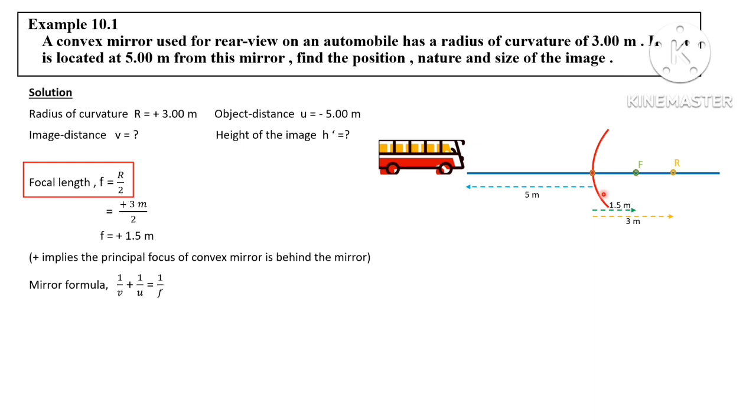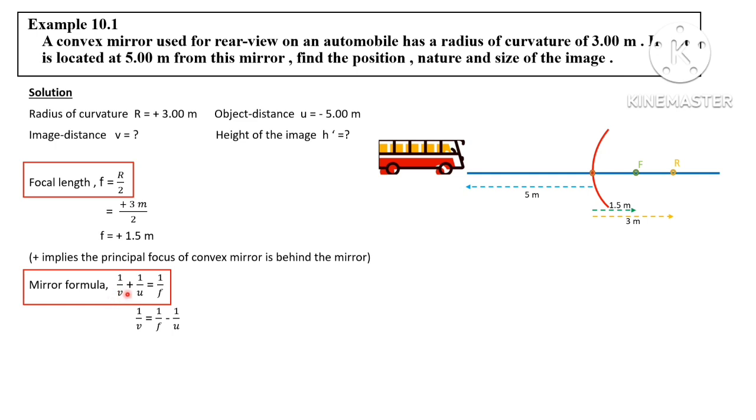Now our first objective is to find the image distance v, isn't it? So we have already got the focal length f. Using this f, we can find out the value of image distance or v. Okay. For this we are taking the mirror formula 1 by v plus 1 by u equal to 1 by f. From this, we can find the value of 1 by v.